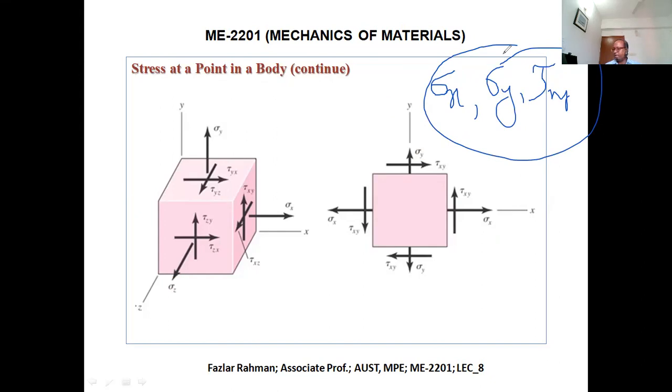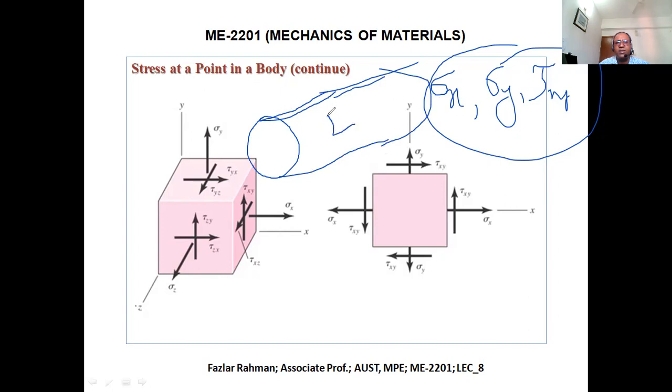Now, say for example, if I draw a pressure vessel, cylindrical shape, this kind of shape. Okay, I'll take this chunk of material.